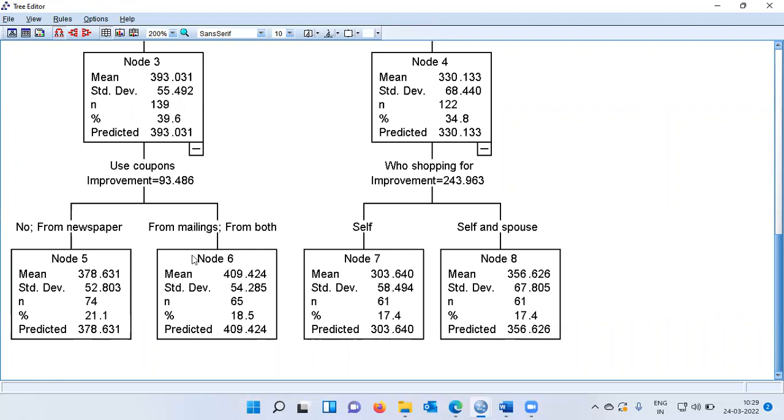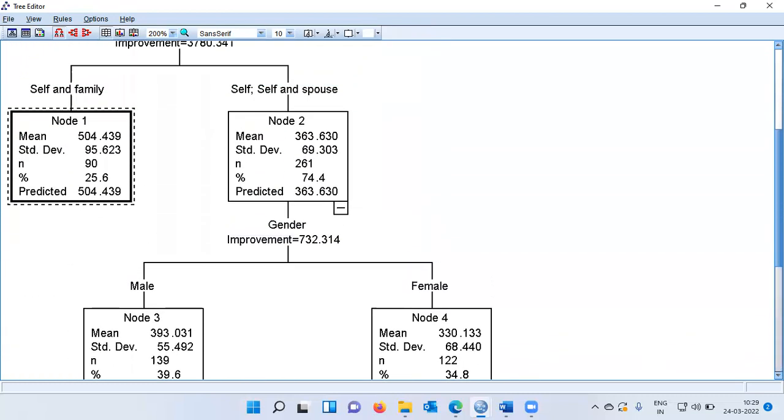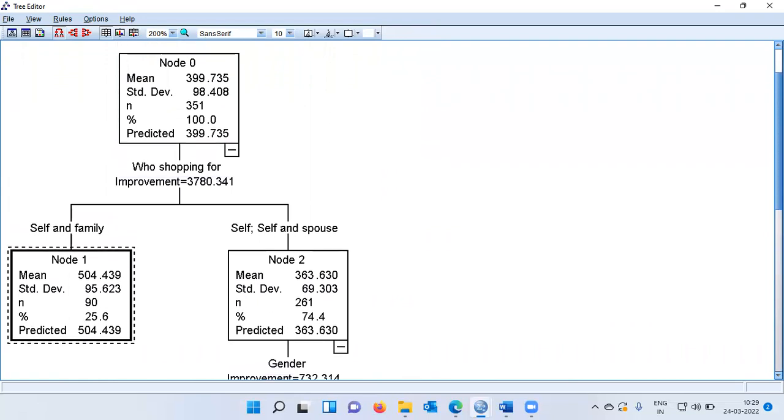Node 6 is one node which is very, very interesting because it gives me the profile of those customers who are big spenders. Similarly, I'm interested in node 1 because both these nodes give me the profile of those customers who are big spenders.